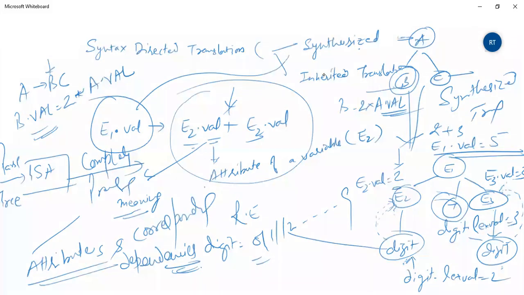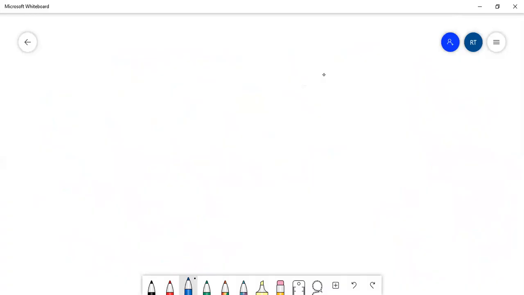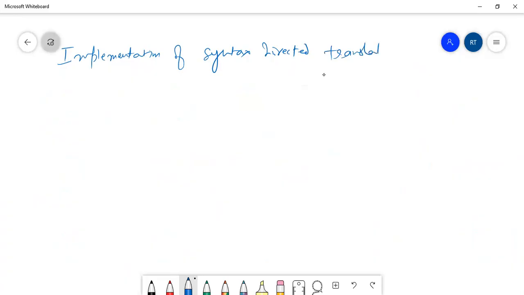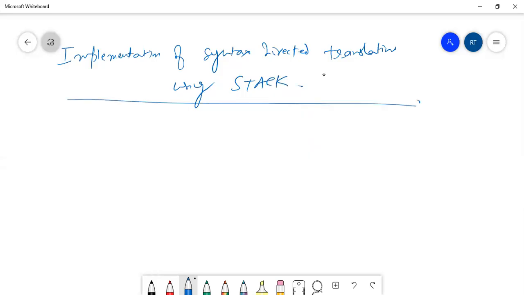Now we will do the implementation. Implementation of syntax directed translations using stack.